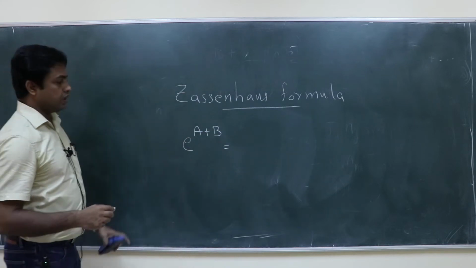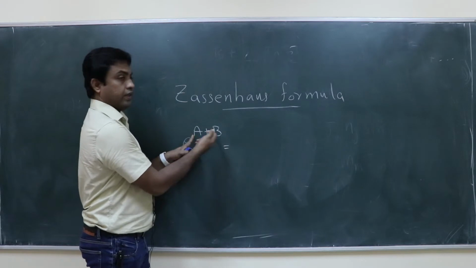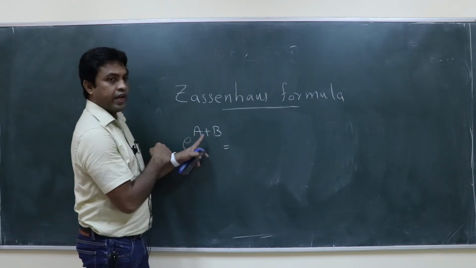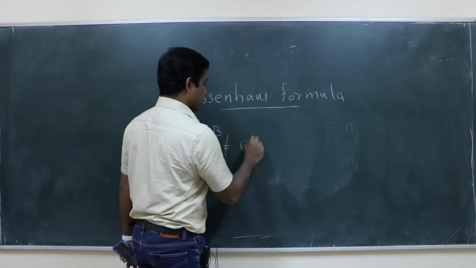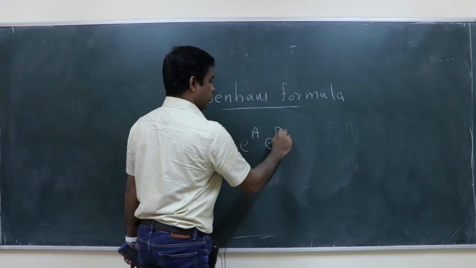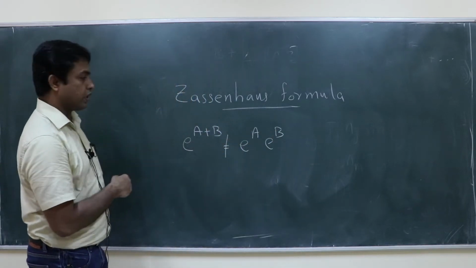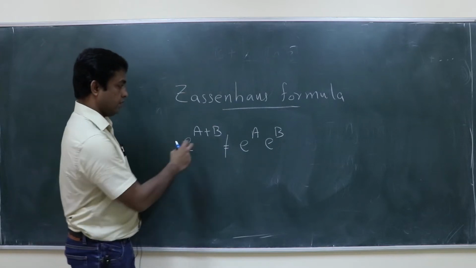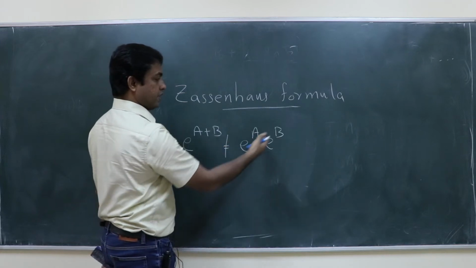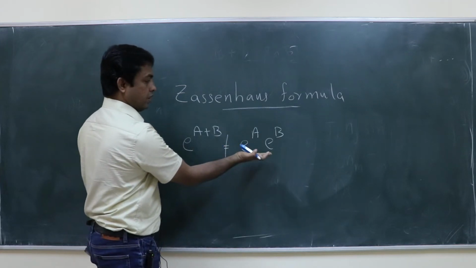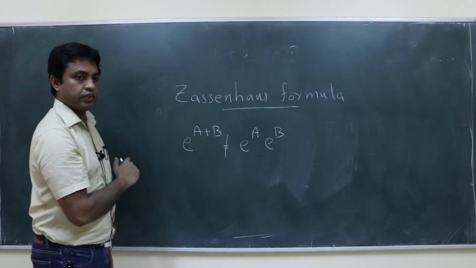This is basically either operators or matrices. You know that if A and B do not commute, obviously this is not equal to e power A into e power B. This is not true, because the cross terms AB and BA will be there in this. But in the other, only AB appears, with B on the right hand side of the operator in the expansion. In this you will have B appearing on the left hand side also.